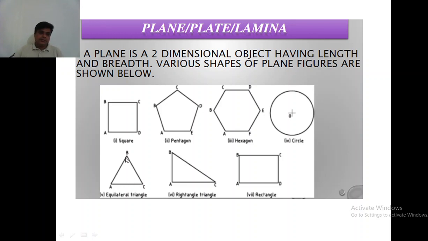So the first is the triangle, three sides. This is a square, four sides. Then we have a pentagon, five sides. Hexagon, which is six sides. Rectangle, again it's four sides, but one pair of edges or sides is longer than the other.